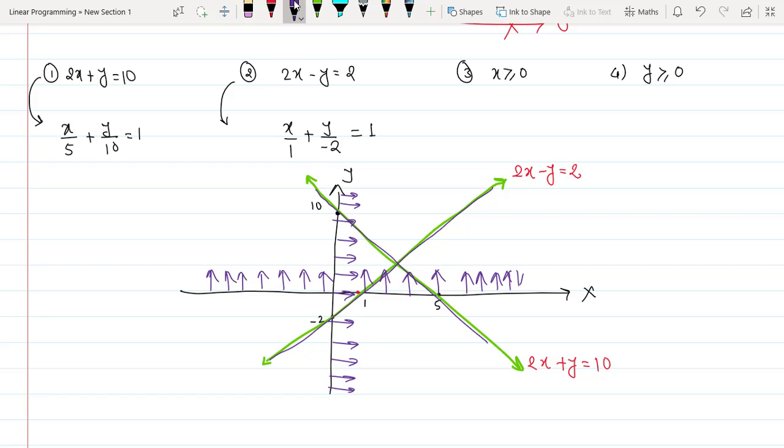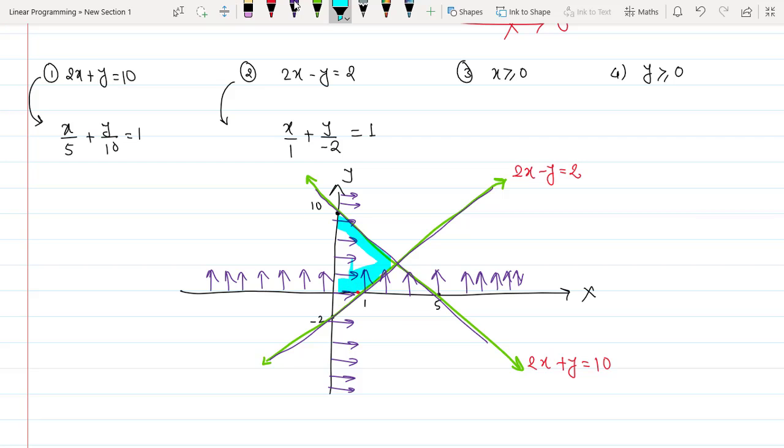But if I combine all these 4 equations, because the system of inequations has all these 4 in combination, what will be the common region? That's the graphical solution for this system of inequations. So what common region do you see? Here it will be greater, and below this, and this part.